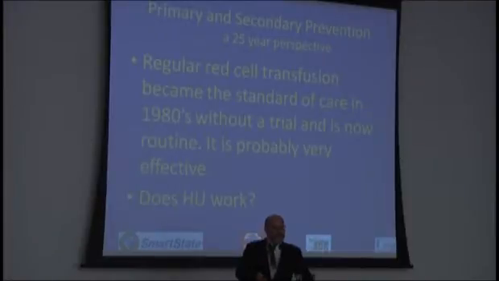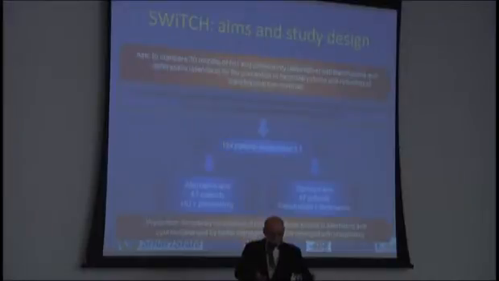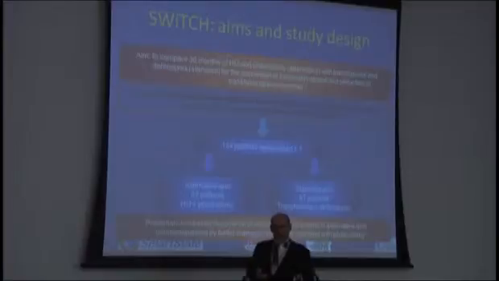Does HU work for secondary prevention? Well, we did a switch study. We participated in the SWiTCH study. And this was looking at hydroxyurea and phlebotomy as an alternative to transfusion for secondary prevention. That study has been completed. Actually not completed, it was stopped.